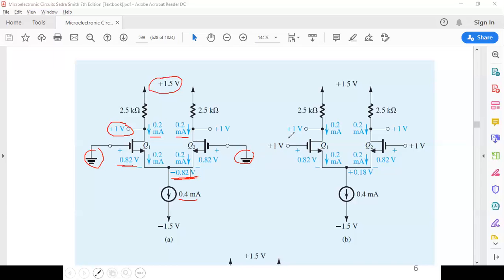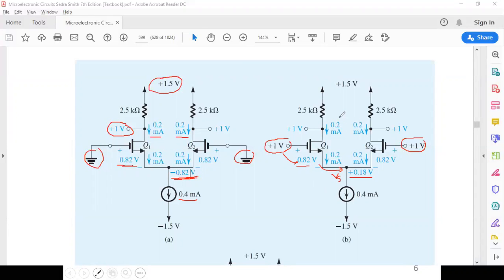We repeat the same thing if VCM is 1 volt. If you apply 1 volt here and 1 volt here, again, this is constant, this is not going to change. VGS is constant. So if this is 1 and this is 0.82, then how much is the voltage here? You subtract this from this: 1 volt minus 0.82 equals 0.18. So this is VS. Now, how much is the voltage here?